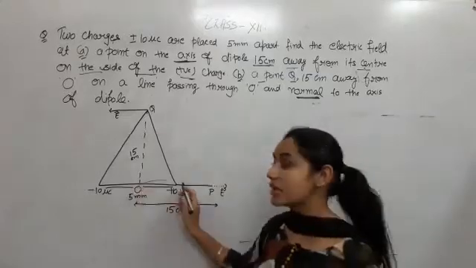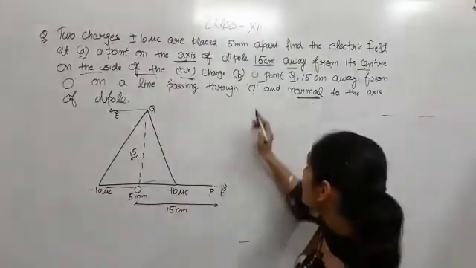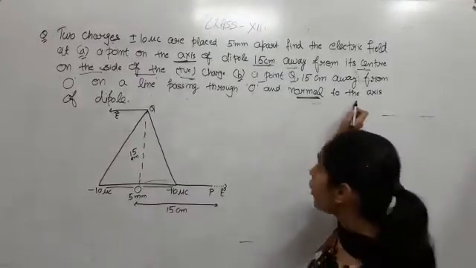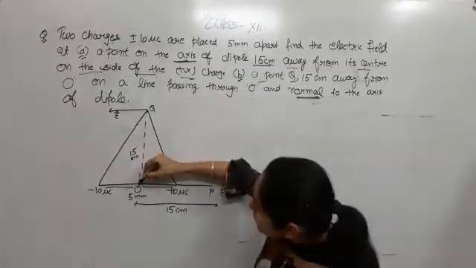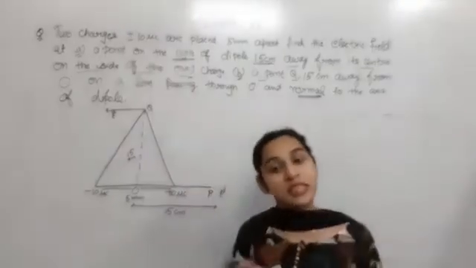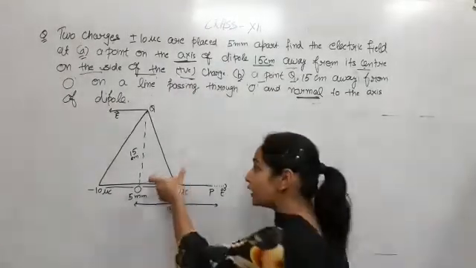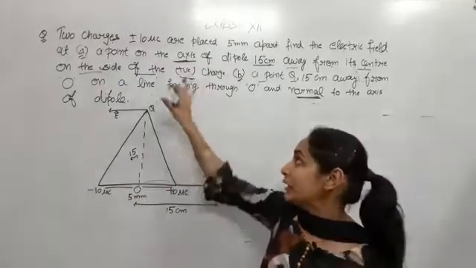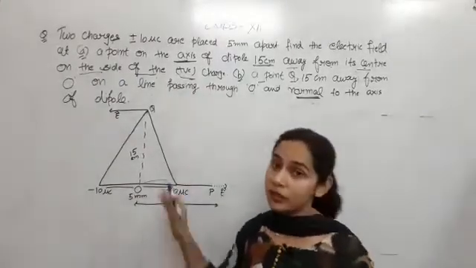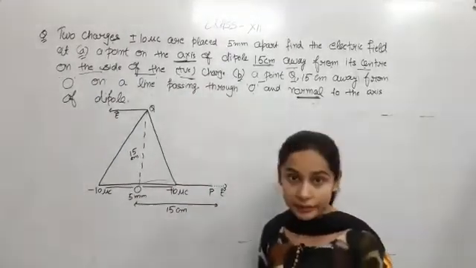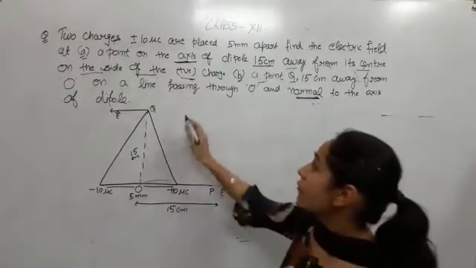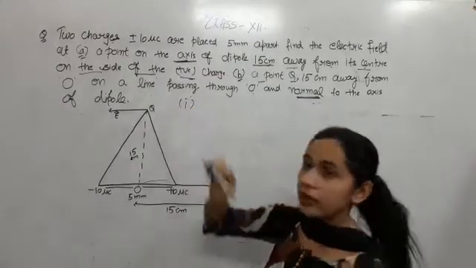Otherwise you can draw this line also, but they specially mentioned through O and normal to the axis of the dipole. Everything they have clearly mentioned in the statement. Suppose they have not given this diagram, then also by reading the statement you can make this diagram even more clearly. Now just try to find out what they are asking.